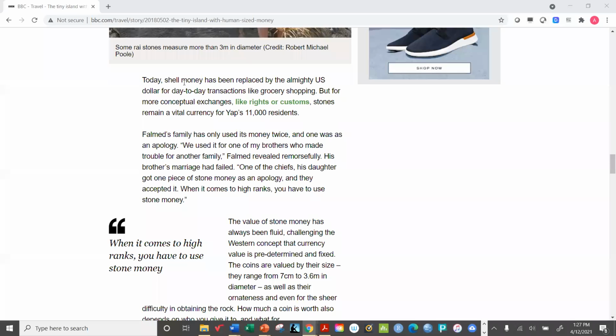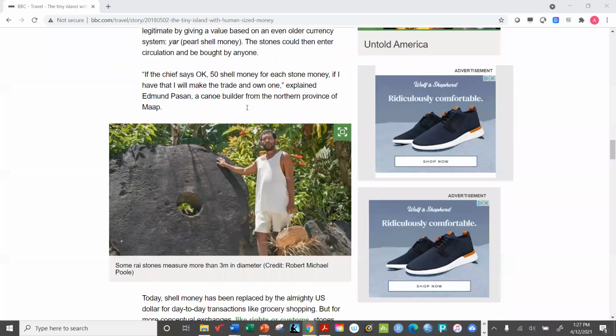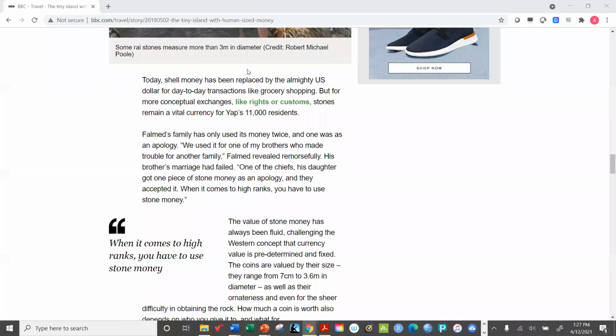Now it says here that shell money has been replaced. They have used shells as well, but eventually they decided to adopt the US dollar as their currency of transaction. That's something that you do see sometimes. There are countries scattered throughout the world that actually use the US dollar instead of their own currency. They don't have their own currency, they use dollars instead.